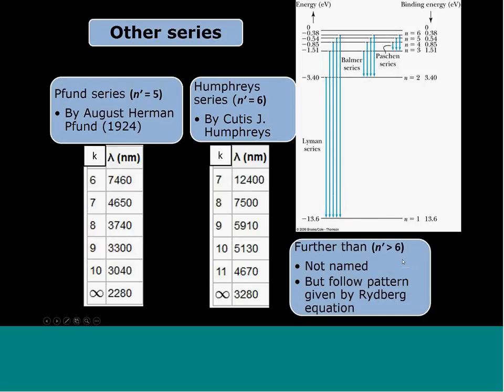Okay. Further than 6, the value of n ke atas is not named, but will follow the pattern given by the Rydberg equation.